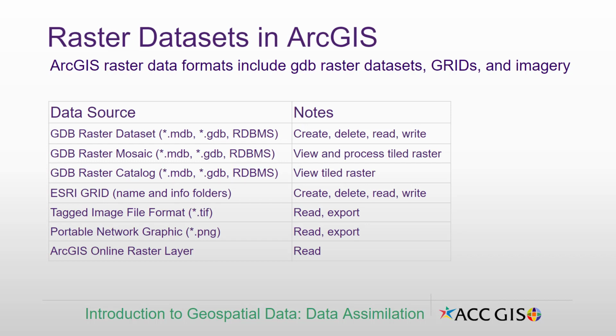It doesn't exist in a geodatabase, and it's really easy to work with, so sometimes we'll work with a grid rather than a geodatabase raster data set. Other raster dataset formats that we work with in ArcGIS include the tagged image file format, a portable network graphic, and even ArcGIS Online raster layers. But those typically are just read. We can't actually process those datasets unless we import them into a raster dataset or grid.